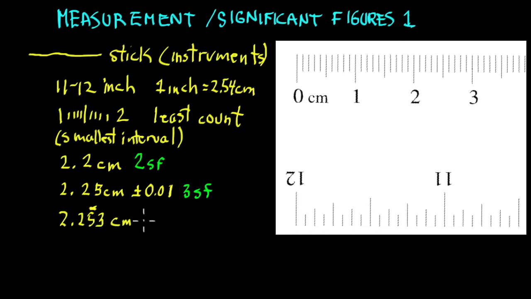So we can't go beyond the precision of our instrument. So this digit here is not a valid digit in our measurement. And again, we're limited to plus or minus 0.01, which would give this, again, 3 significant figures.